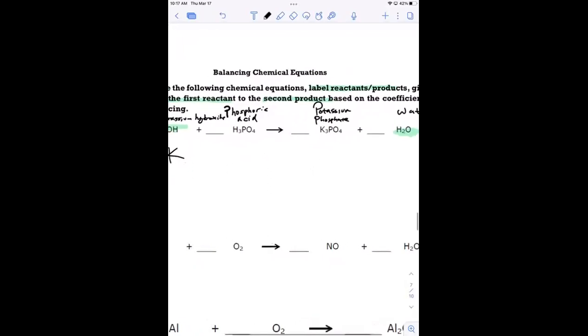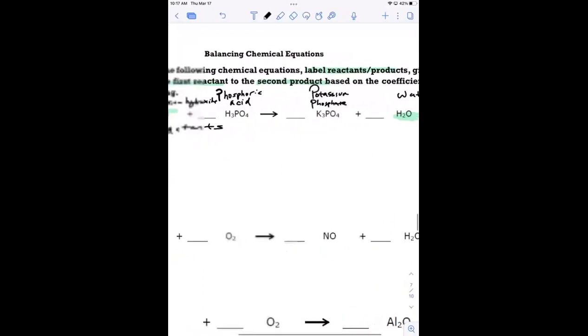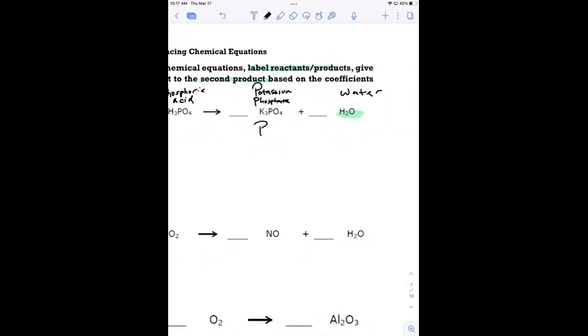But for now, let's not do that. We'll do it in another example because this one is going to get convoluted if we do that. And then we're going to label this. These are my reactants. And on the other side, these are my products.